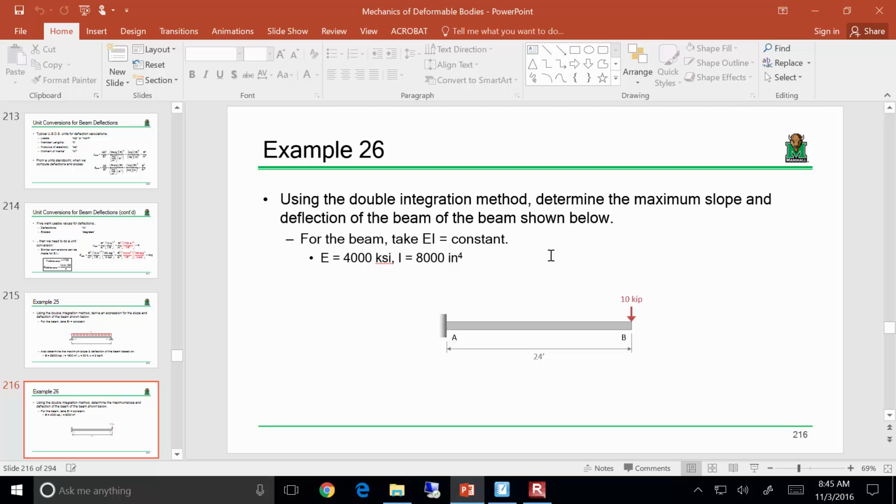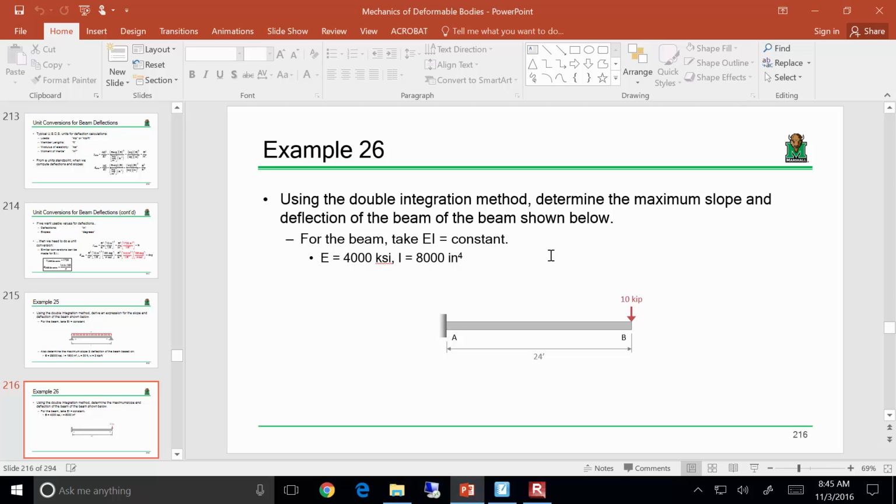That's point one. Point two, I left the variables off of this. There's no length of L or a load of P. It's just 10 kips and 24 feet. So hopefully the integration and the grunt work goes a little faster, okay?